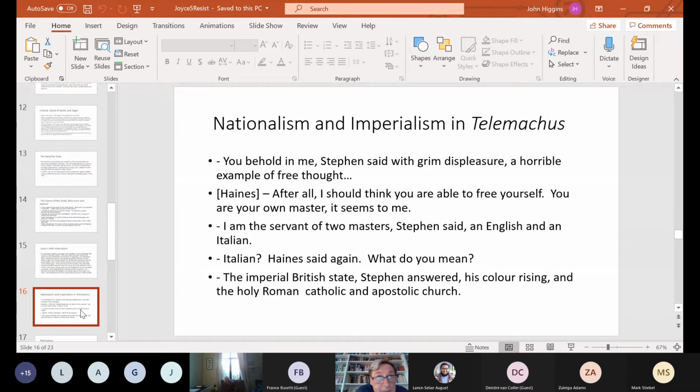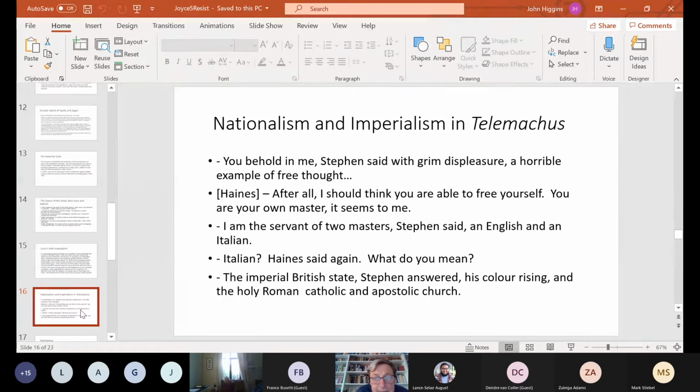I pause there because I think we can gloss that with materials from what I said previously. Stephen, like Joyce, is a horrible example of free thought because free thought, challenging all the cant and so on that I mentioned before, puts you in a very isolated and lonely position, a position of internal exile in your own country.